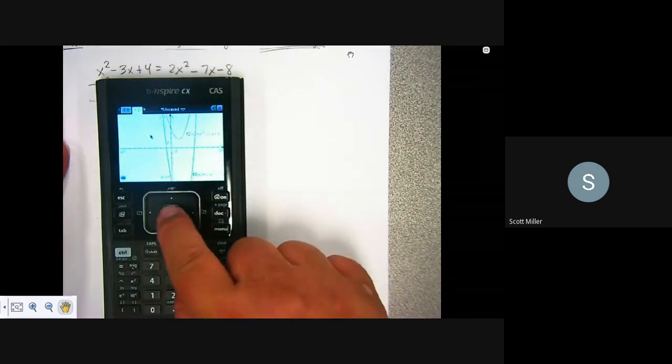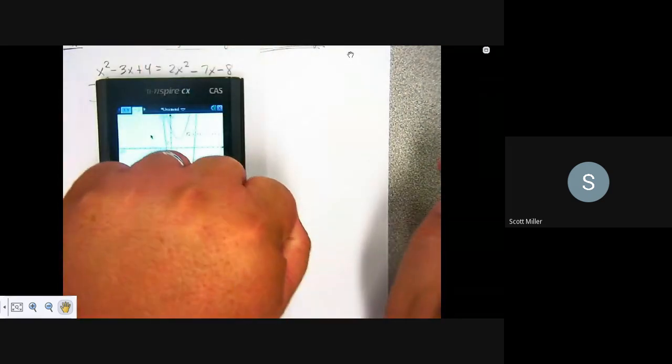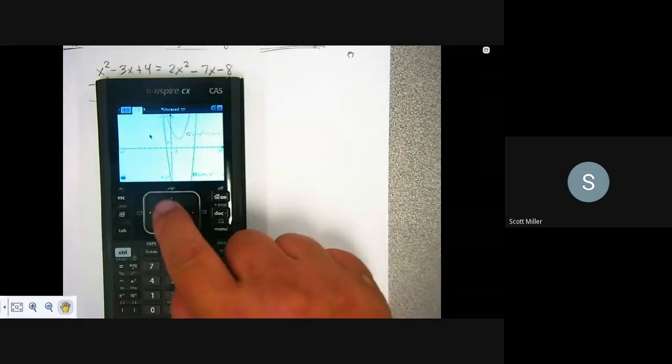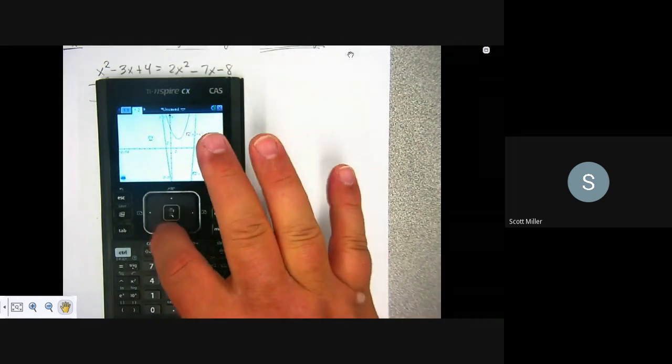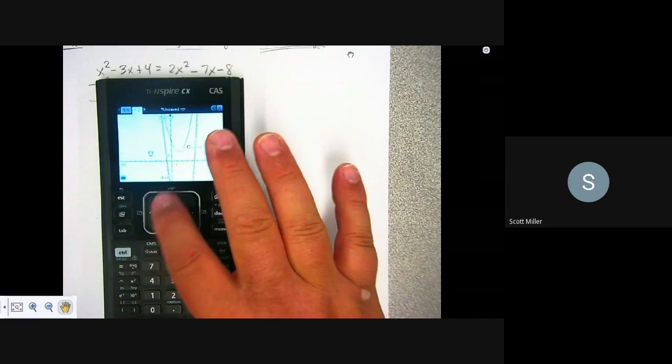What I'm going to do is hold the center button down until I see a hand that looks like this, and it'll grab the screen like that. So I'm just going to hold down the middle. See how it changed to that? It's like a hand grabbing the screen. Let go, and then I can just slide this pad down, and it's going to move the whole thing down.